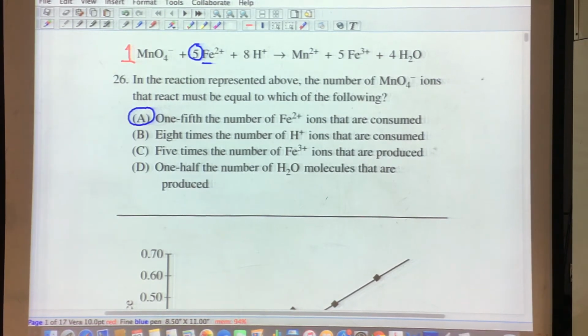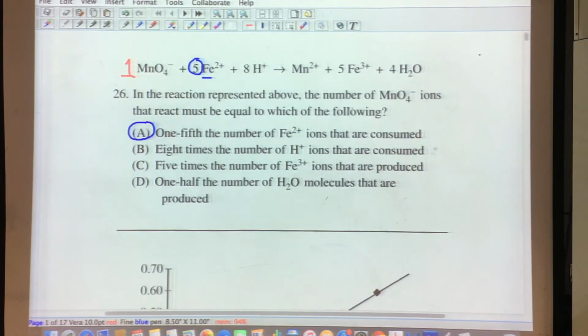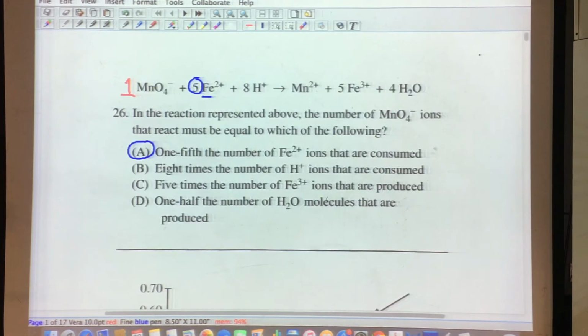And if you're ever to do a type of question that is going to pop up in this multiple choice, as with most tests, you're going to see a limiting reagent problem. For instance, if they were to give you 20 moles of iron plus 2, and let's say 20 moles of both, and you asked who the limiting reagent is, knowing it's 1 to 5, I kind of start with the big number here.